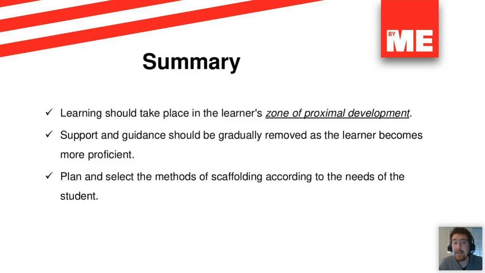Plan and select the methods of scaffolding according to the needs of the students. Again, knowing your students, understanding what they're capable of doing independently without support and help, as well as what they can do with help, will allow you as a teacher and the student as a learner to achieve the objective more easily.